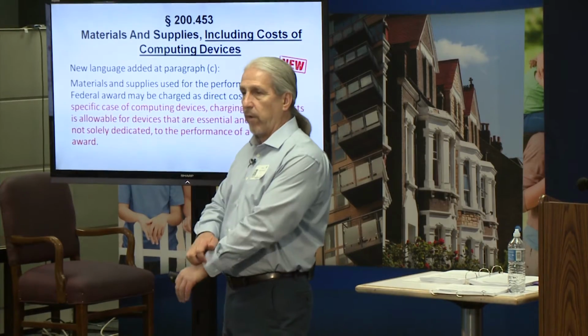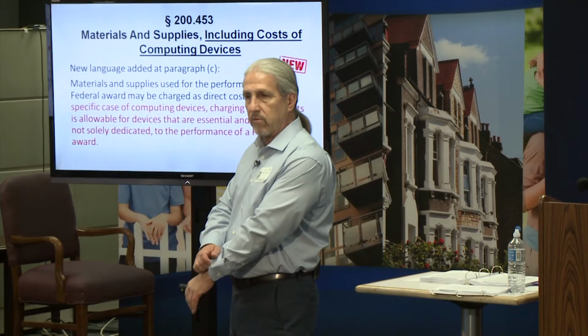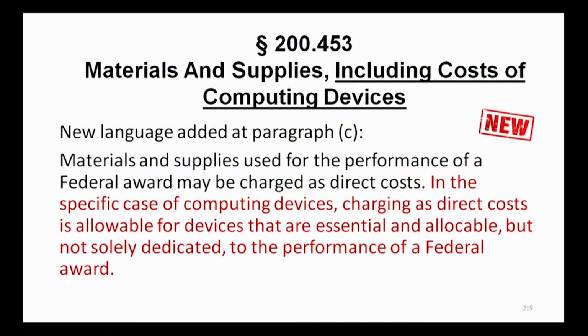453, this was a great new addition, new language to the cost principles that includes now the cost of computing devices. So materials and supplies used for the performance of a federal award may be charged as direct cost. So in the specific case of a computing device, charging as indirect cost is allowable for devices that are essential and allocable, but not solely dedicated to the performance of a federal award.